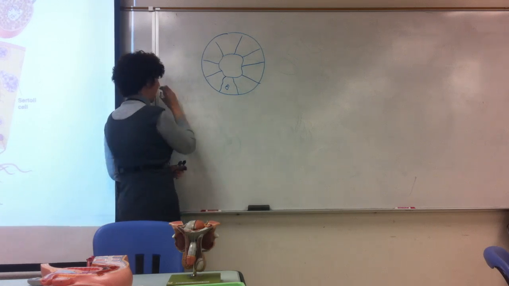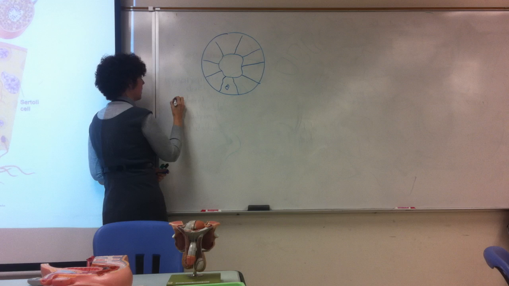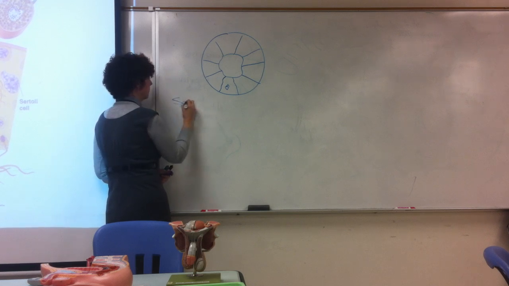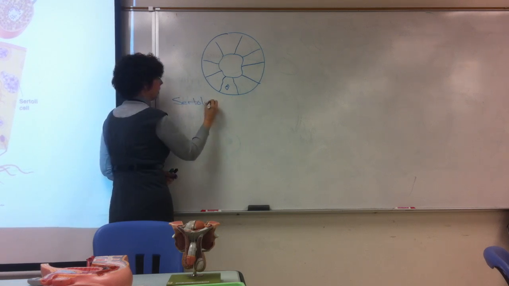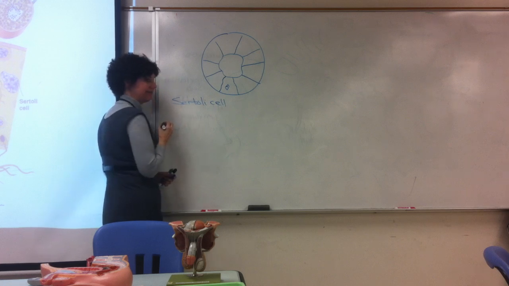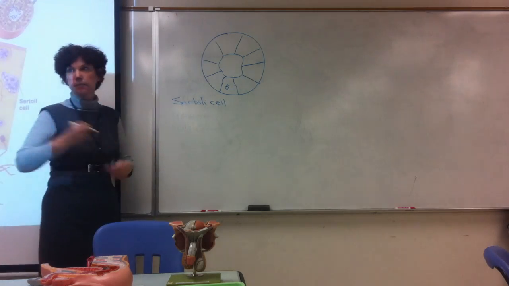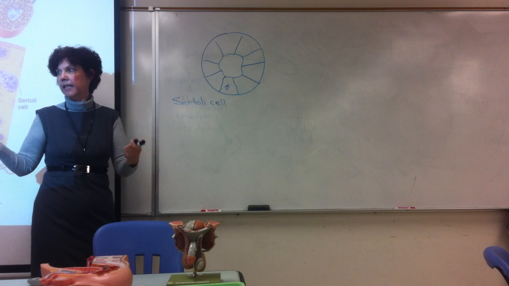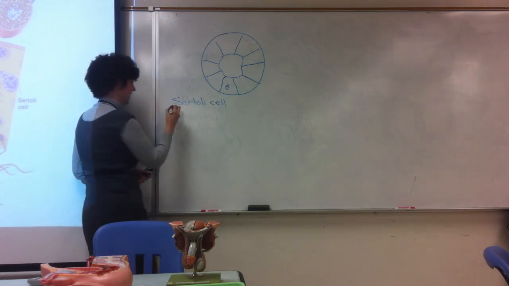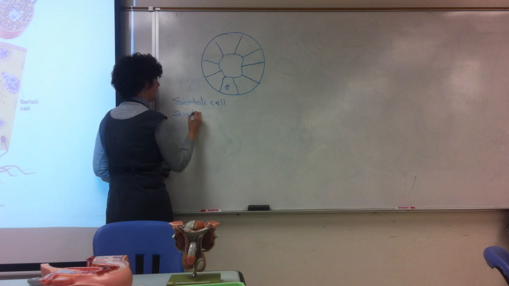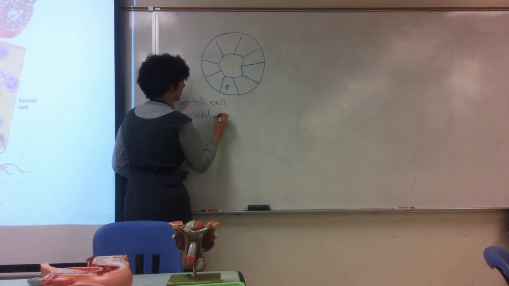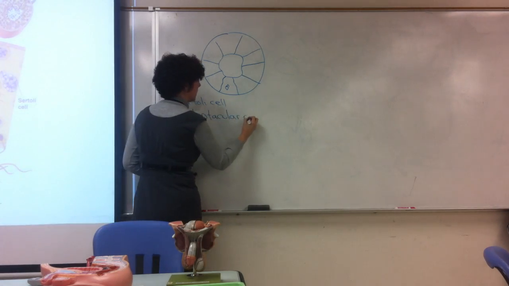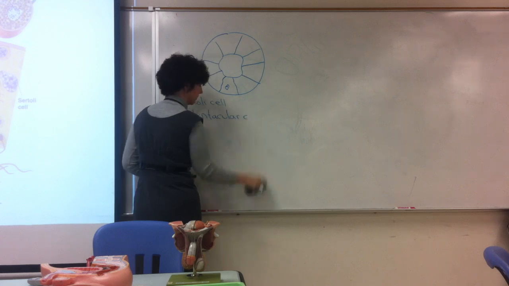They are identified by the old name, Sertoli cell. Apparently, we're not supposed to call things by the name of the people that described them anymore. So the newer name is sustentacular cell.